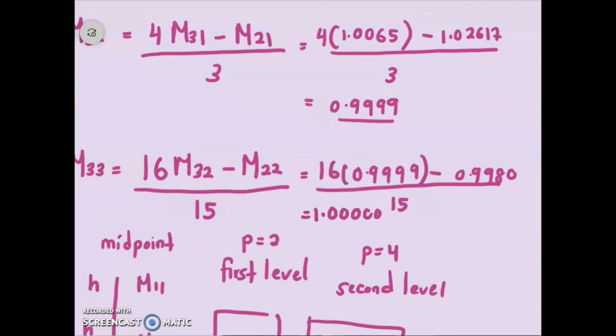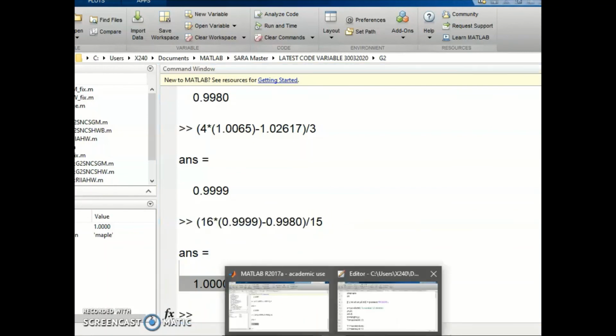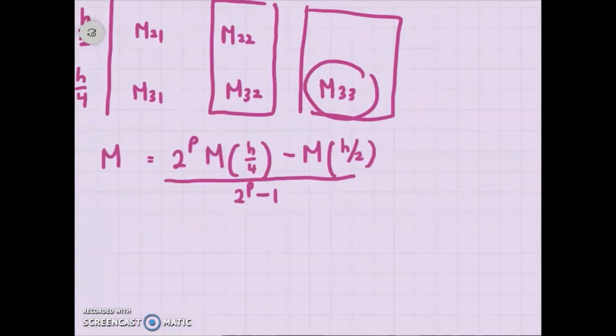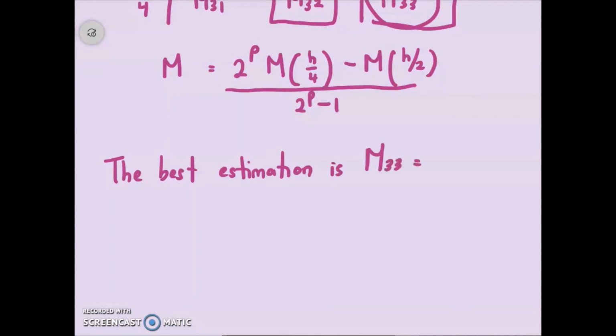It's exactly like the exact solution, 1. So our best estimation for this question is M33, which is 1.0000.